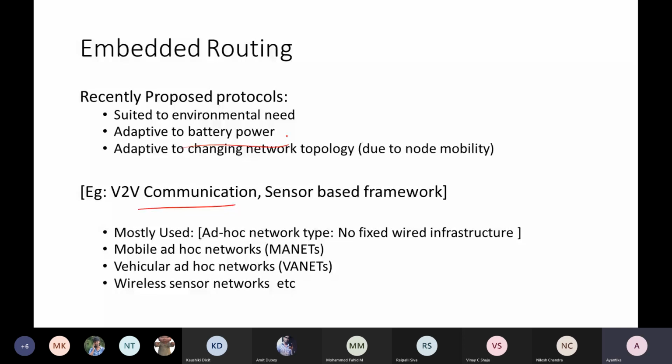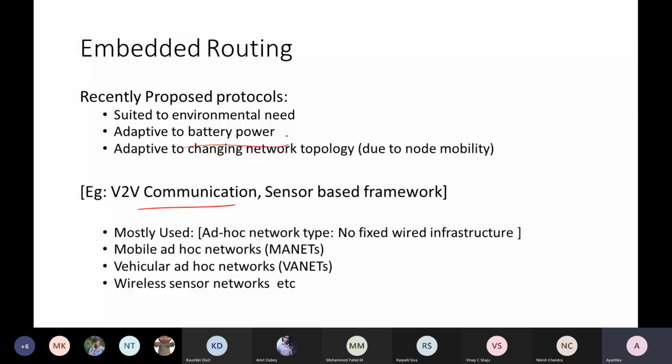That is very important, and that is not so important in our general internet concept or traditional communication concept, because when you are proposing a network topology, topology means how the nodes are connected and how they form the LAN, how they move into the network, how the routers are connected.